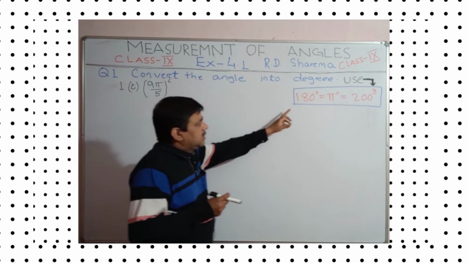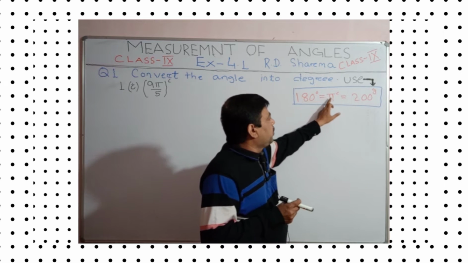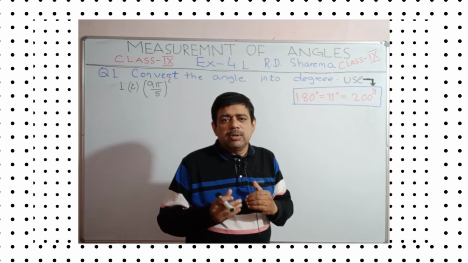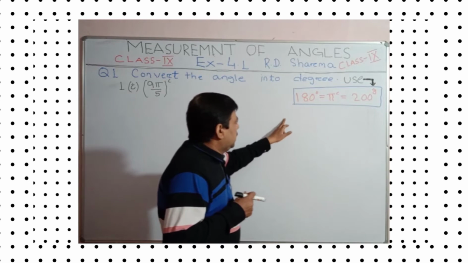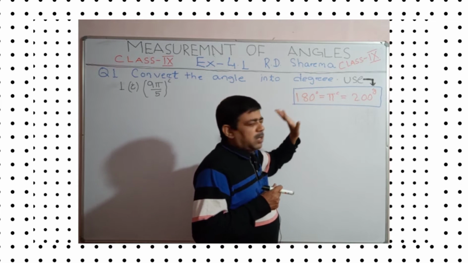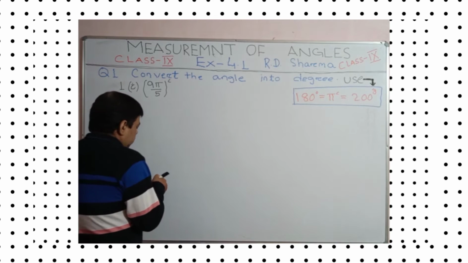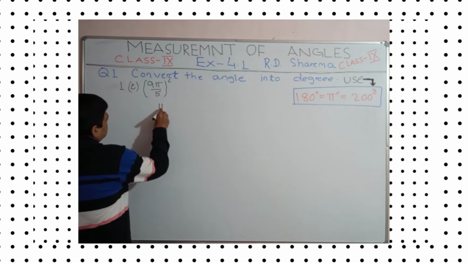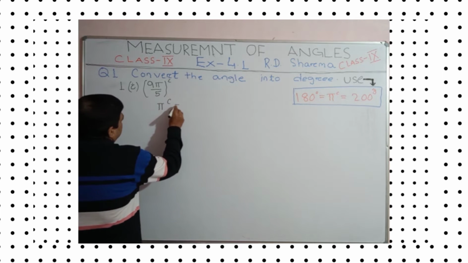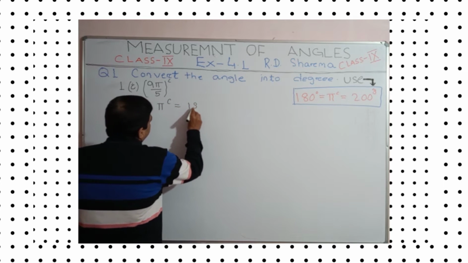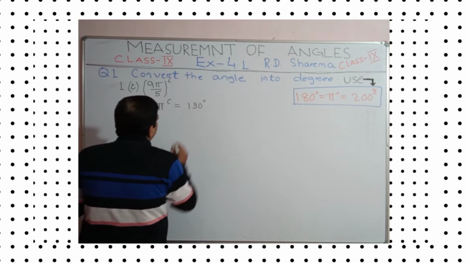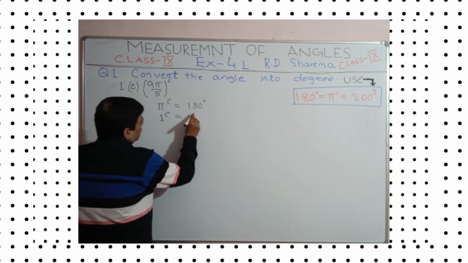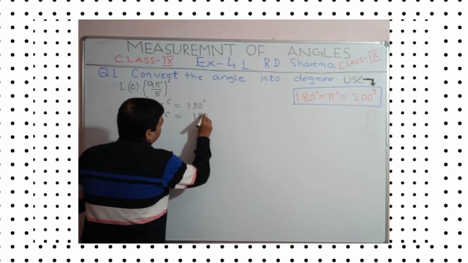So using this relationship, all of you know 180 degree is equal to pi radian. Here the angles are given in radian, we are going to convert into degrees. So pi radian is equal to 180 degree. Then 1 radian is equal to 180 divided by pi.